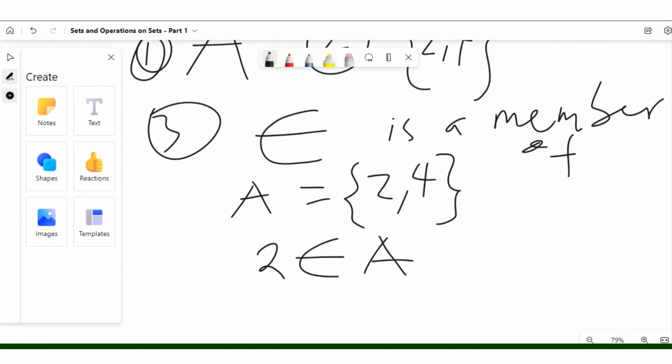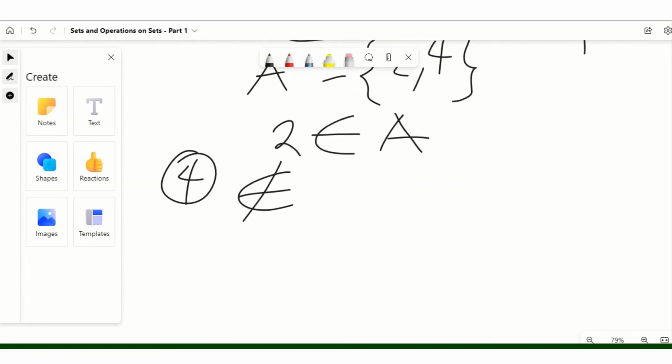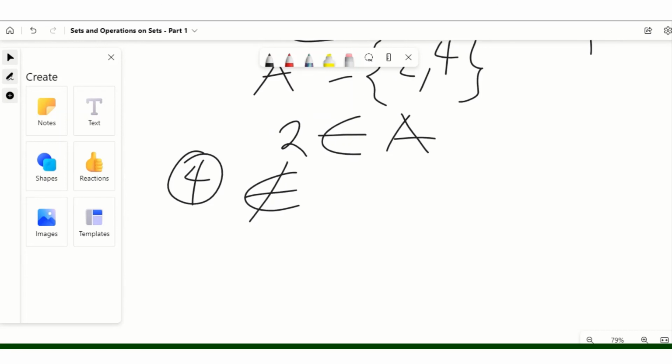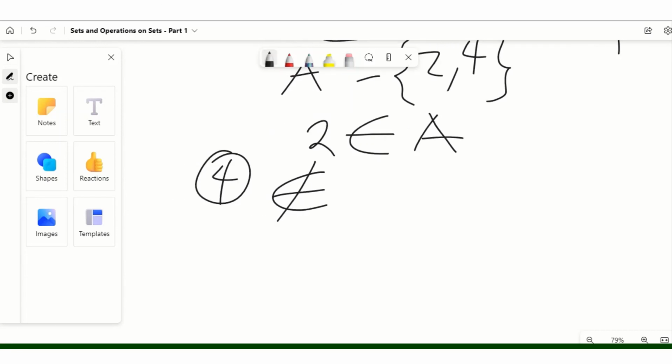Good. Then we spoke about the symbol with a cross. Anytime we have a symbol with a cross, it usually means not. So this means not a member of.